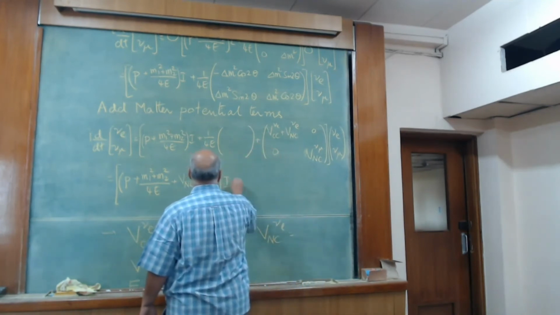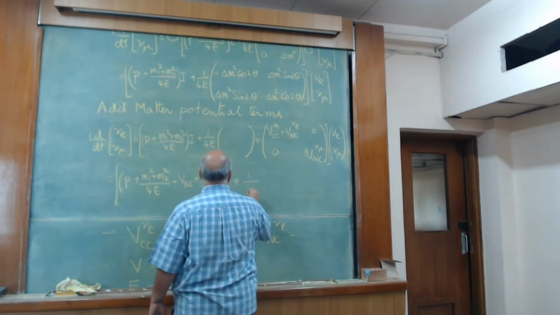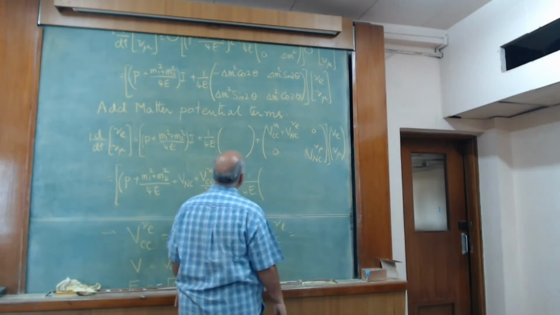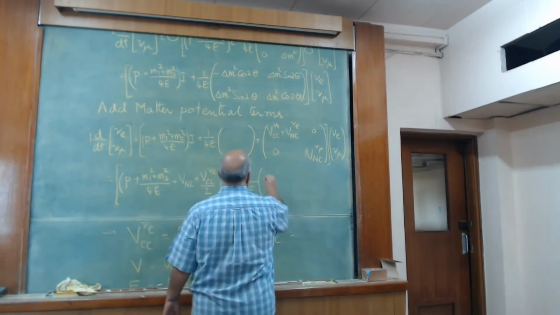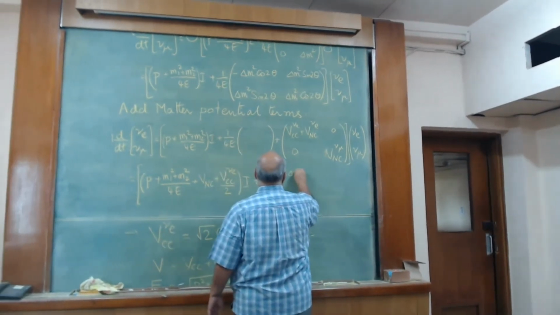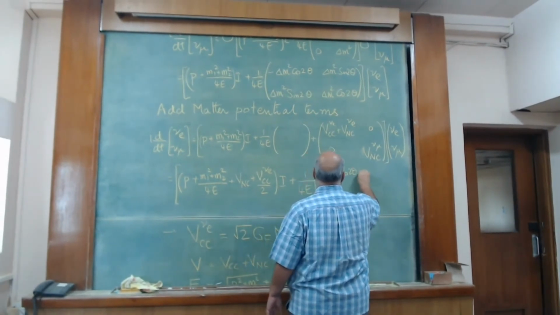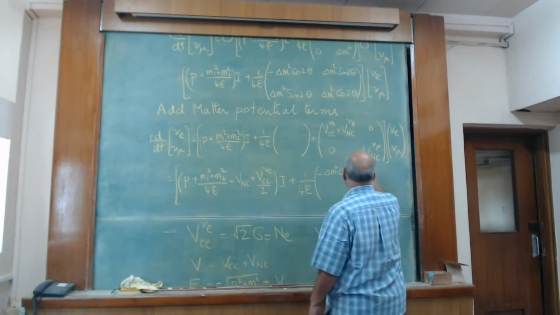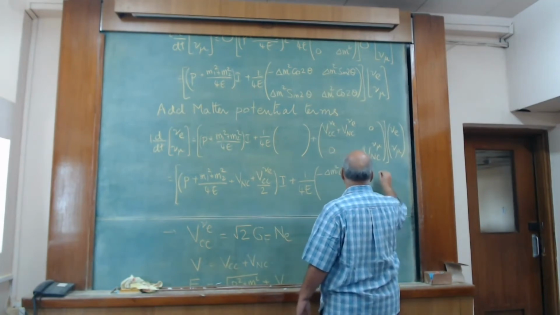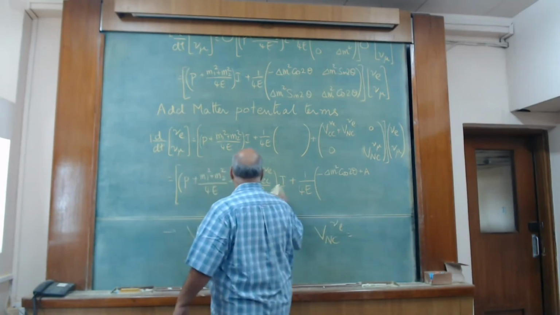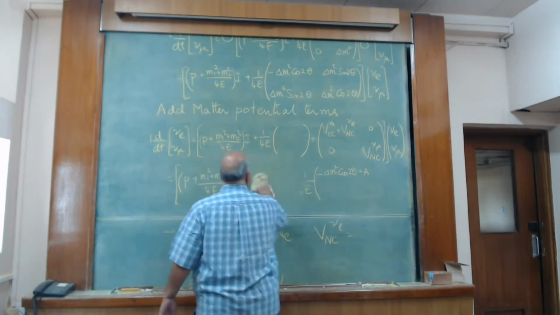Times identity plus 1 over 4E times minus delta m square cos 2 theta plus A. I should rewrite this in a slightly better way.